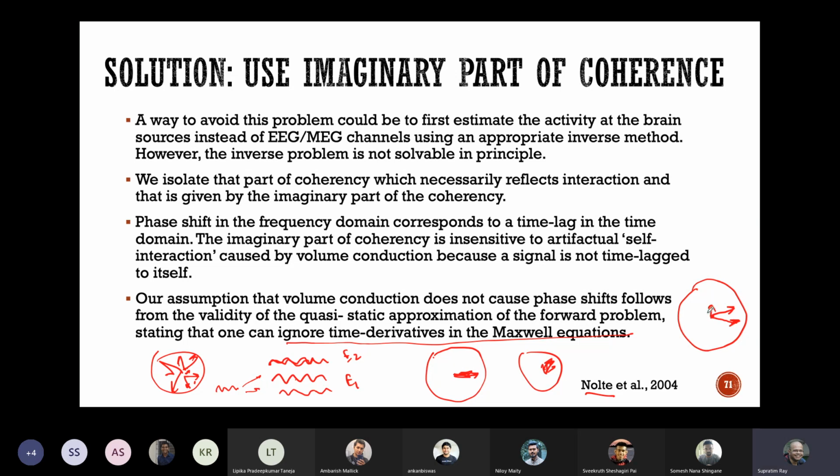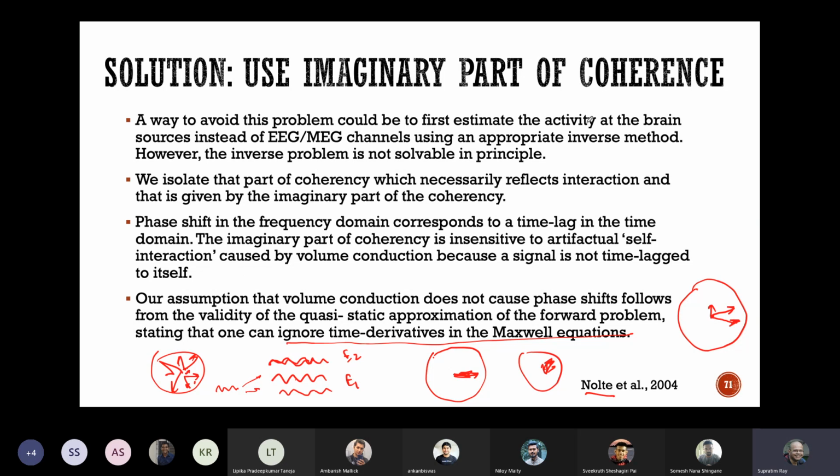So the imaginary component could be a way of looking at phase consistency which is not because of volume conduction. Phase shift in the frequency domain corresponds to a time lag in the time domain. The imaginary part of coherency is insensitive to artifactual self-interaction caused by volume conduction, because a signal cannot be time lagged to itself. So it's a very simple solution.